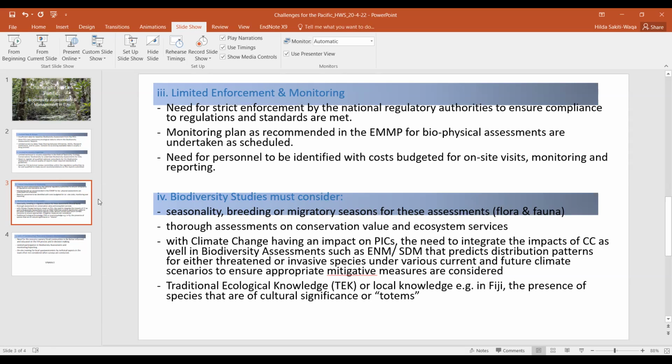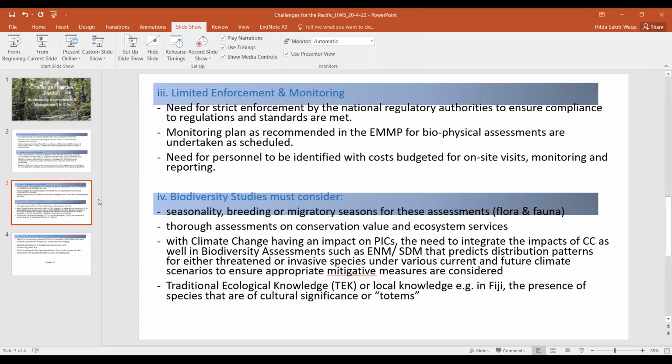And some studies that have been currently done to address this are the ecological niche modeling or species distribution models that predict distribution patterns for either threatened or rare species or the distribution of invasive species under current and future climatic scenarios. And by doing these modeling studies and integrating climate change, it will ensure that more appropriate mitigative measures are also considered in the management plans.